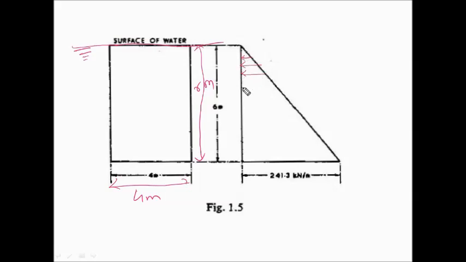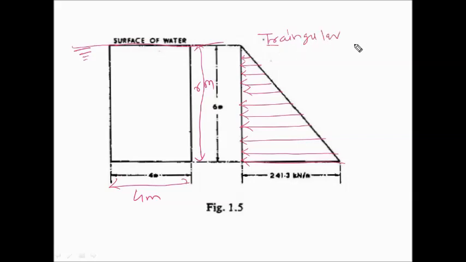So the load diagram is coming like this. As I told, you have a rectangular bulkhead and the water surface is at the top of the bulkhead. So that time the load diagram will be triangular.